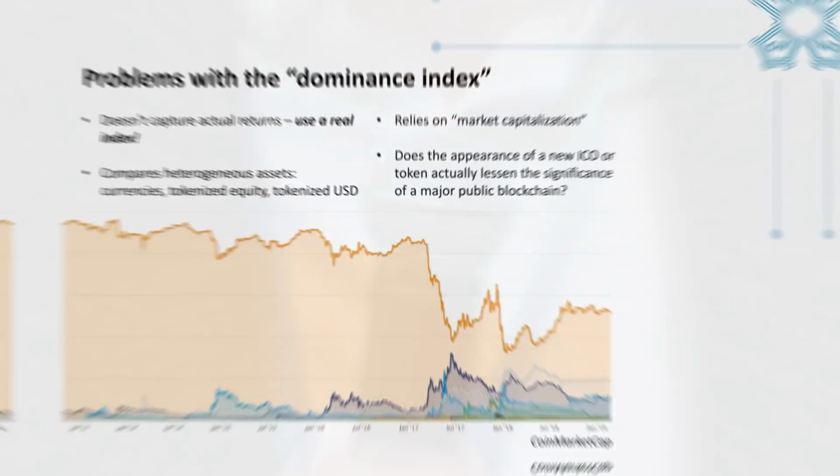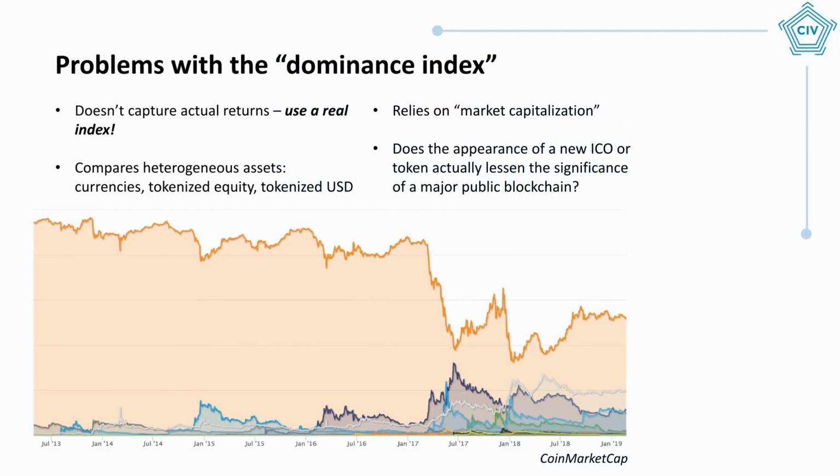So just to start with a very common metric that's seen in the press a lot, the dominance index. It's not the best. I think a conventional indexing methodology used in traditional finance would define a basket of assets, equities for instance, of a fixed set, and have a periodic rebalancing, typically on a monthly basis.